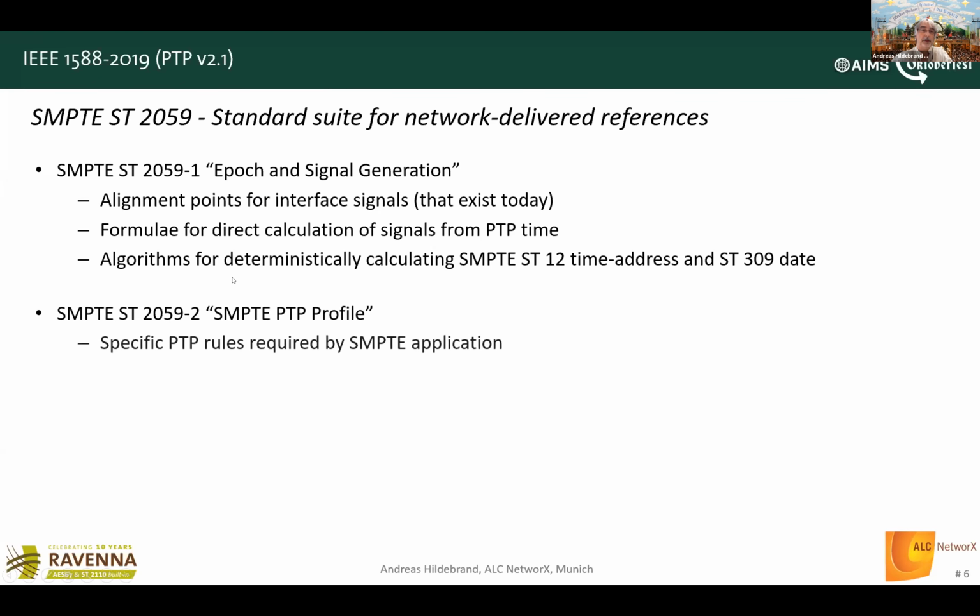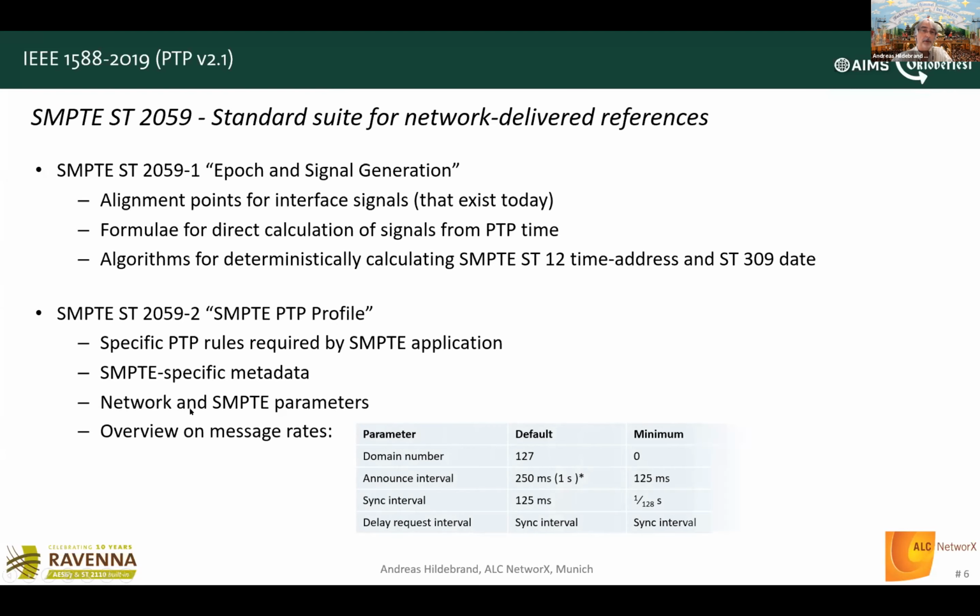And more important, the -2 document defines a particular SMPTE PTP profile, which sets forth specific rules required for the SMPTE applications, specific SMPTE metadata, and all the necessary network and operating parameters like the message rates, as you can see here in the table, just the most important message rate.